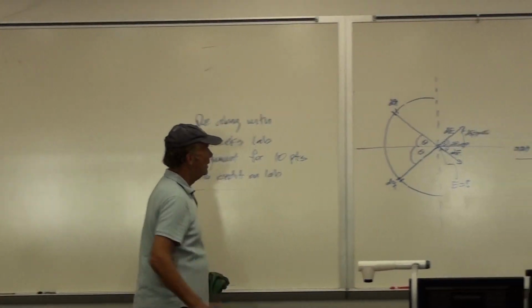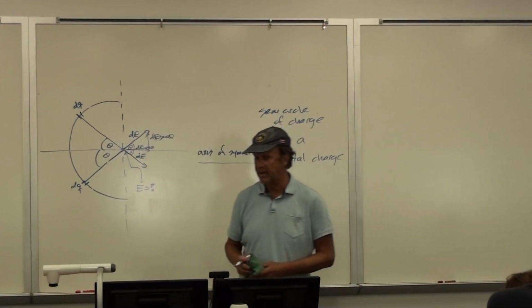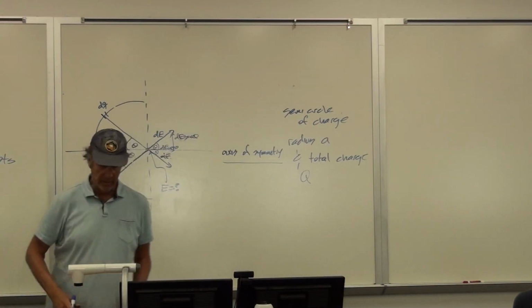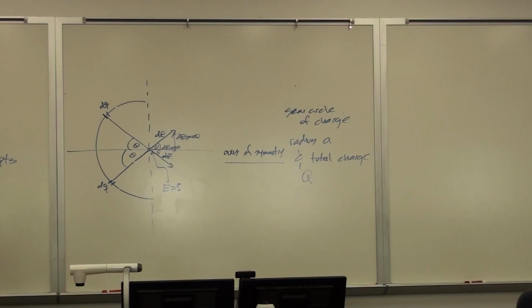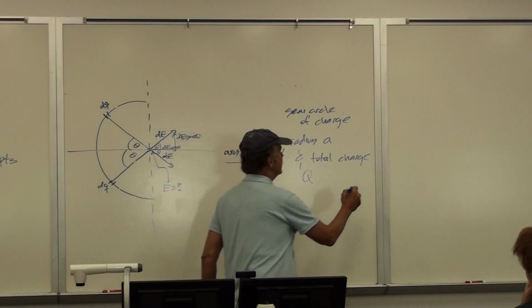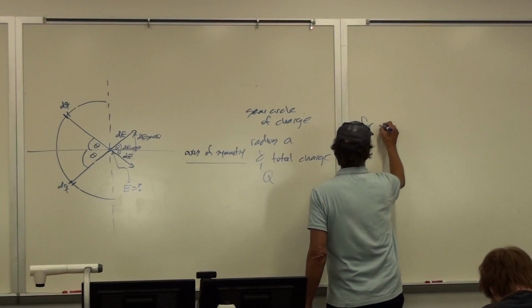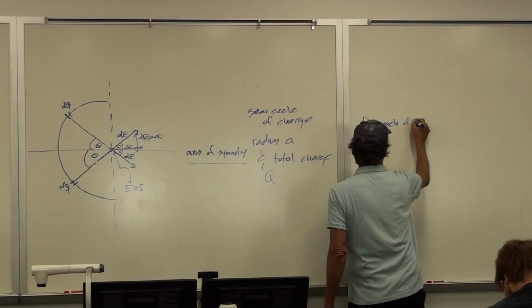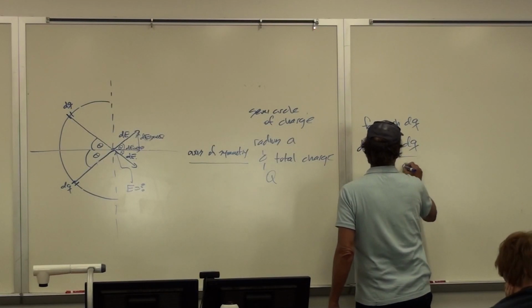So what we need to do then, and you're going to finish this problem up, and I'm going to give you a couple others that are variations on it in a little while. But I'm going to set this one up for you. And so here, first we need to know what dE is for each one of these little dq's. That's going to be k dq over a squared.